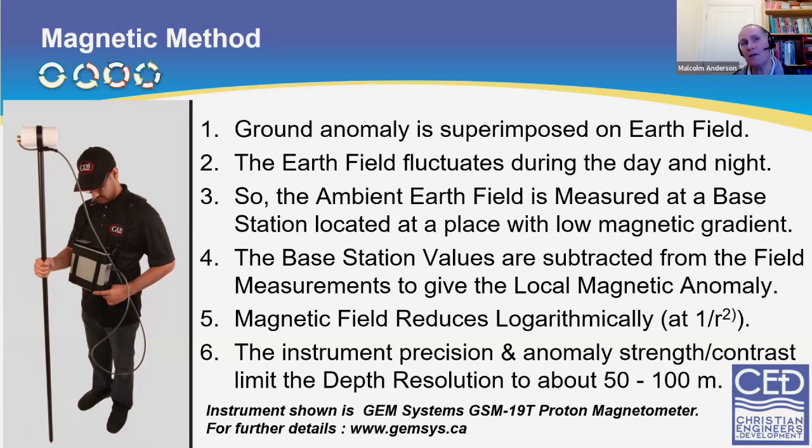Depending on the instrument, but the instruments that measure total field, and this one here is a proton magnetometer, have a depth resolution of about 50 to 100 meters, depending on how strong the magnetic field is from the geological feature you're measuring.